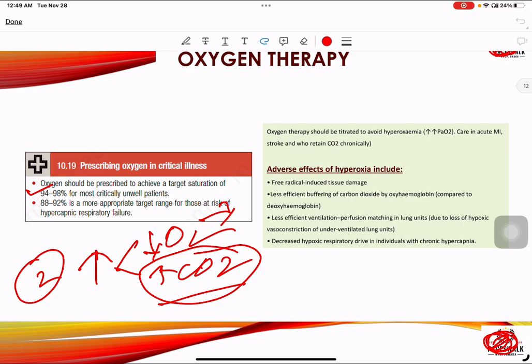We have to maintain mild hypoxia in them. So that is a very important note.